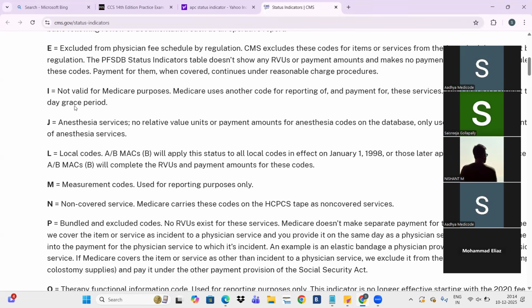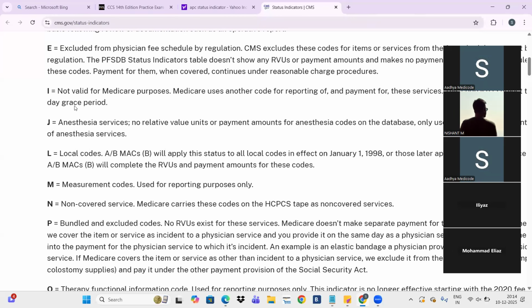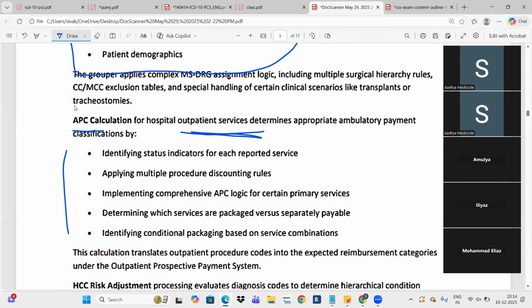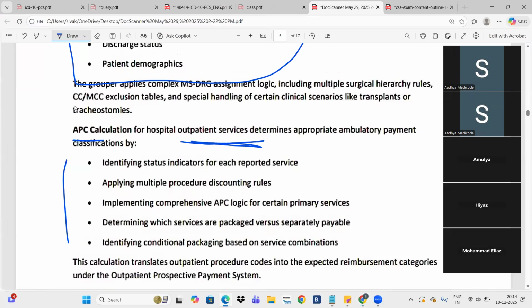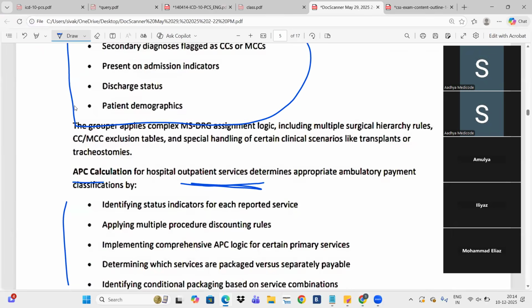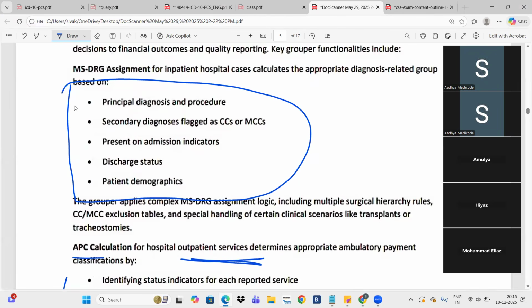Noted. Yes, sir. APC status indicator N. So these are the payment methodologies, MSDRG and APC. This is clear, right? Also remember the factors affecting the DRG.